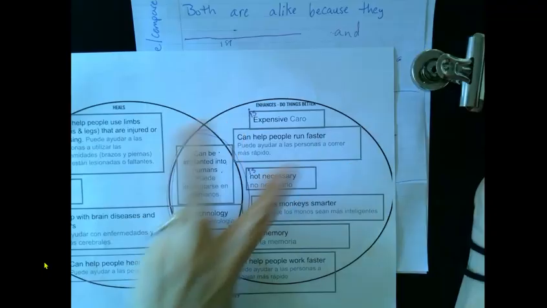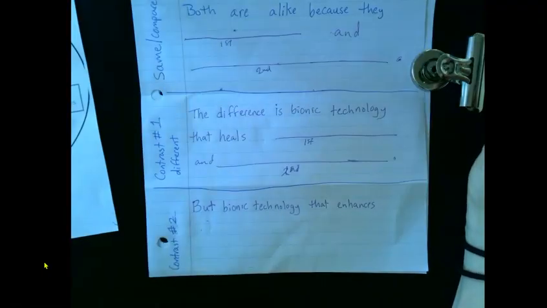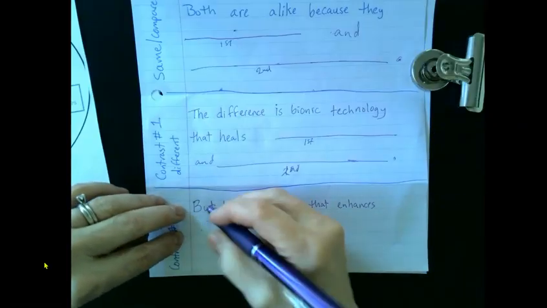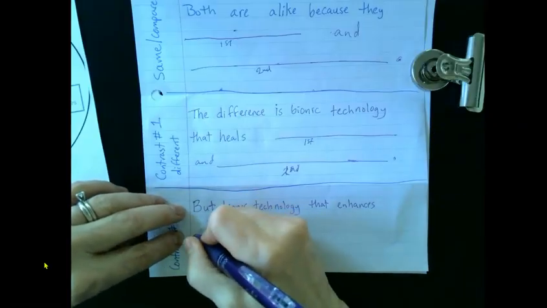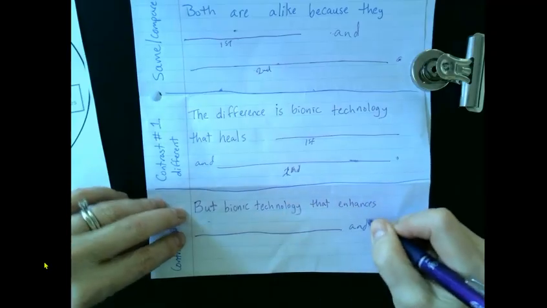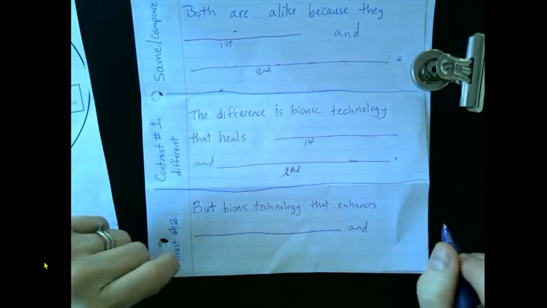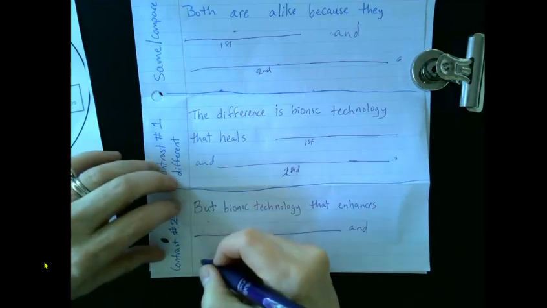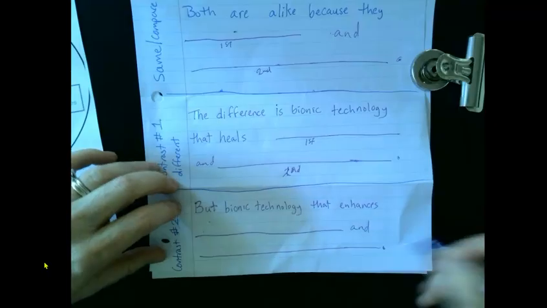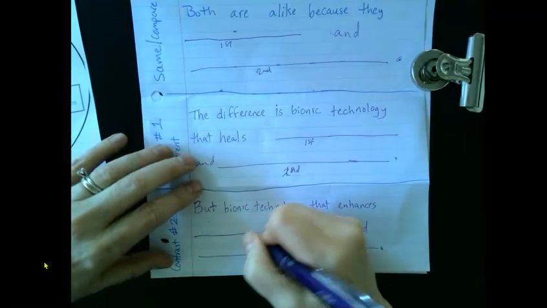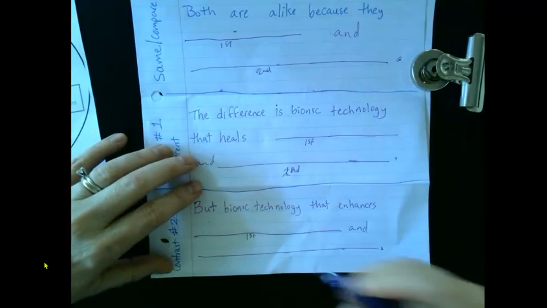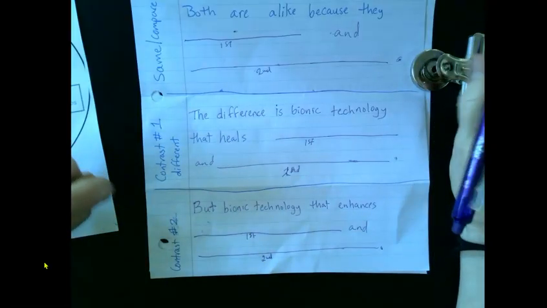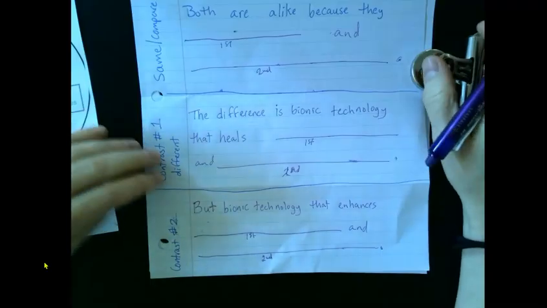You might say, but bionic technology that enhances is not necessary and can make people run faster. Like you did before, find two different reasons. Give one reason, your first one, and then your second one. So choose two. All right. So, but bionic technology that enhances does blank and blank.